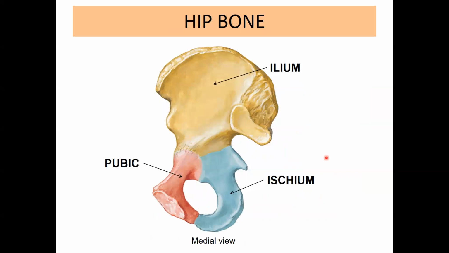Okay, let's move to the hip bone. Hip bone consists of ilium, ischium, and pubis. So the superior part is ilium, inferior and anterior is pubis, and posteriorly is sacrum. So this is the medial view. How do you know this is the medial view?